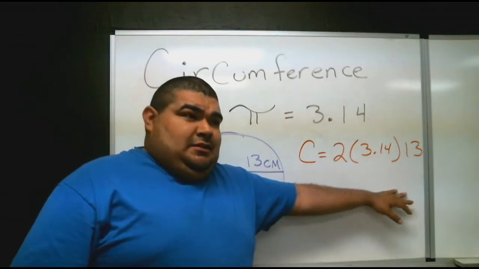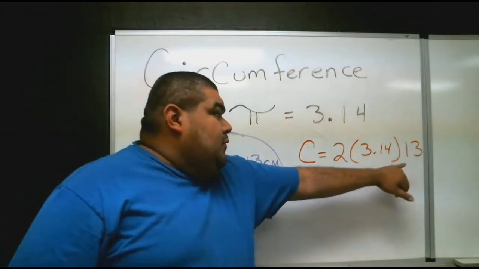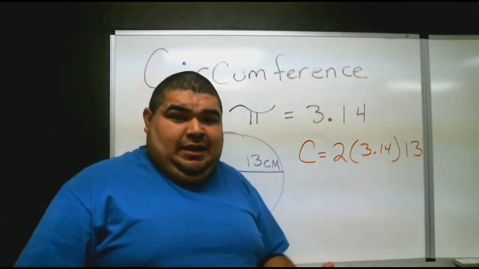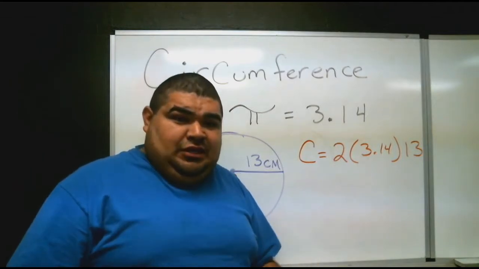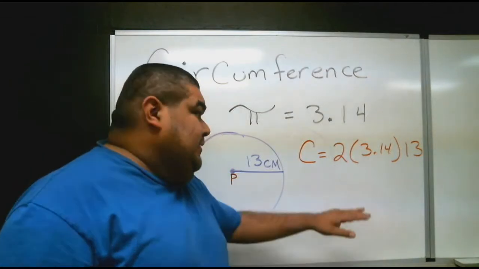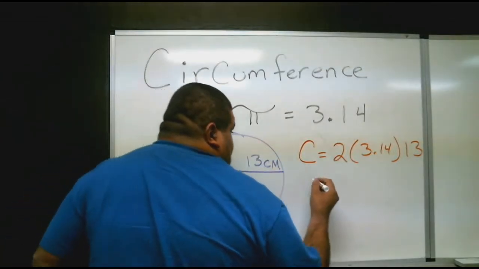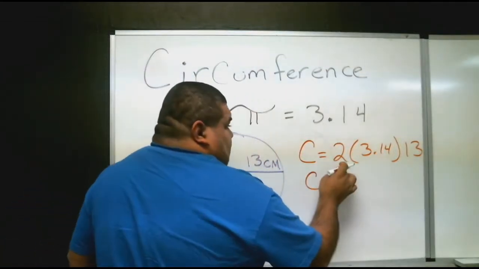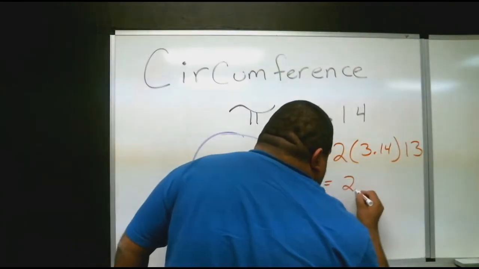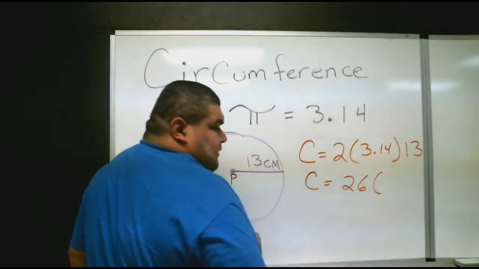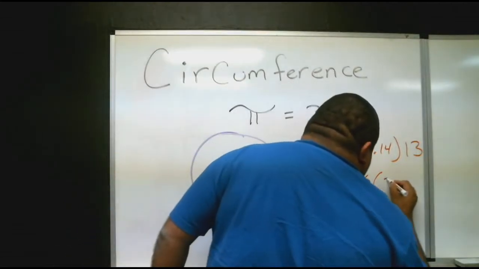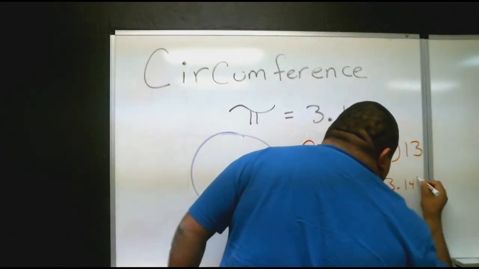Sometimes you might ask, can you combine the 2 and the 13? Yes, you can, because it's all multiplication. Order doesn't matter, because it's all multiplication, okay? So we can say C equals 2 times 13 is 26, times 3.14.